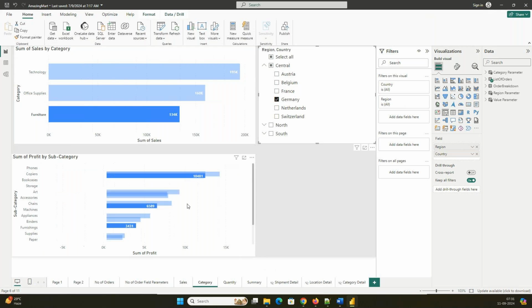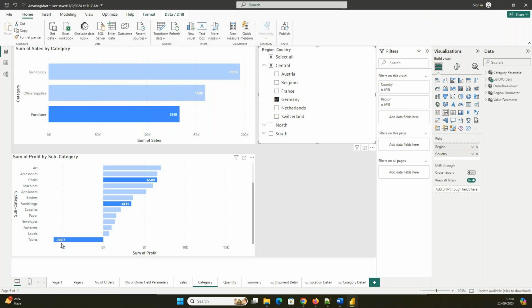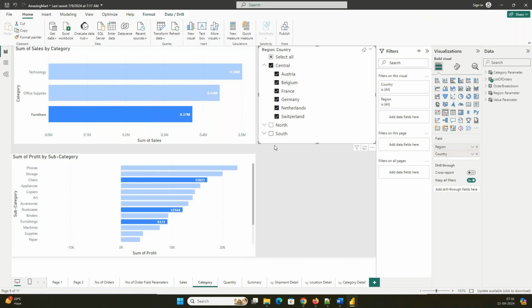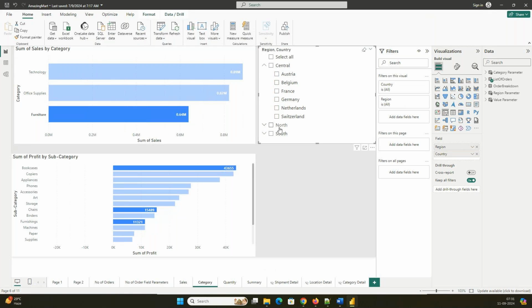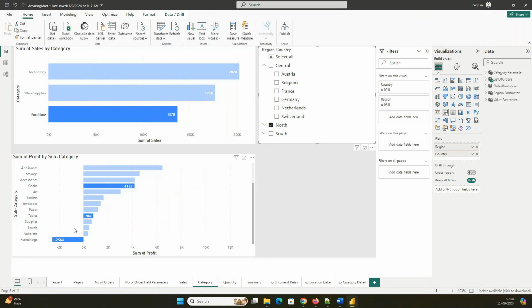But if I go to Germany, I'm making a loss of 6,000. Why? Are we providing the product at too discounted a price, or what is the reason I'm making so much loss only in tables? And how am I performing in each region? All of this will be taken into consideration, and the top management will make decisions.